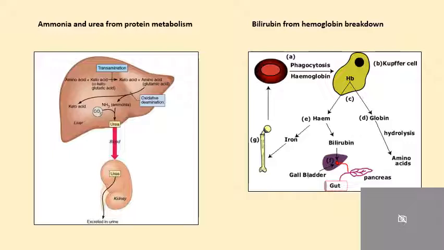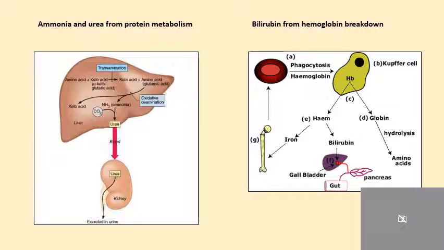So whenever we use an amino acid for a metabolic purpose, either to build new protein, or as a fuel source for generating new ATP, the very first step is called deamination. When we deaminate an amino acid, we strip the amino group from that amino acid, and that amino group becomes ammonia, shown here as NH3.